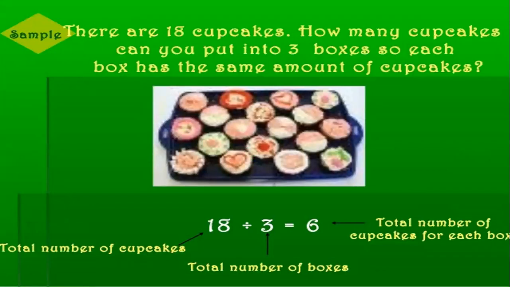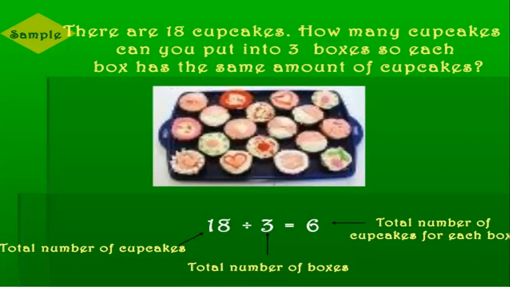The next question is, there are 18 cupcakes. How many cupcakes can you put into 3 boxes? Okay, now the total number of cupcakes is known, and the boxes are known, but we don't know how many cupcakes are going to be put in a single box. In each box, again there comes a word each.